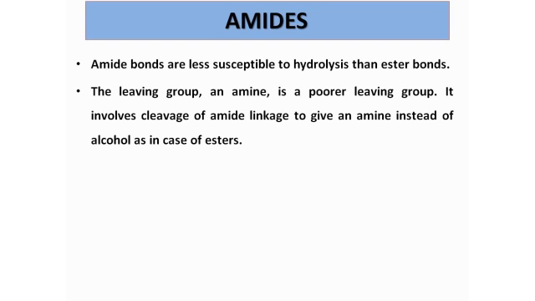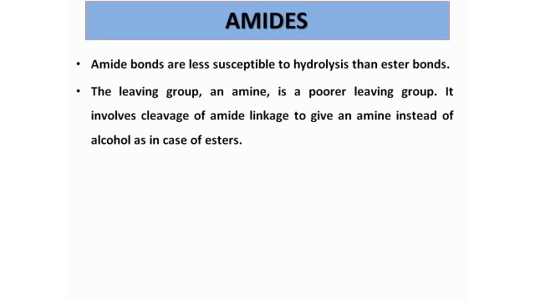But here, in the cleavage of amides, the leaving group, the group which will come out from the compound, is an amine. So it's a very poor leaving group. This reaction involves the cleavage of the amide linkage.